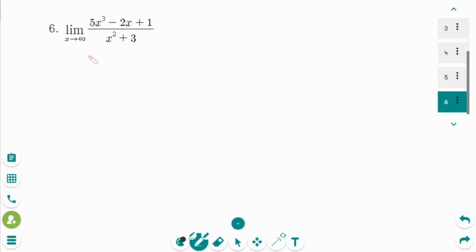The next question is this one. Have a look. This has the same infinity over infinity form. Let's take the highest power of x in the denominator, which is x squared. So times 1 over x squared.